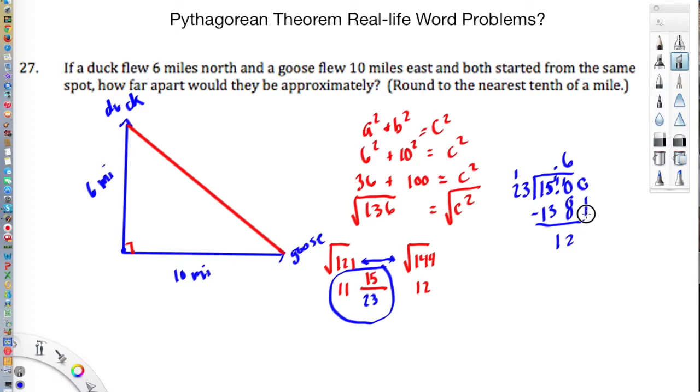Okay, bring another 0 down. 23 will go into 120 about 5 times, which will be 115. And I can stop right there because this 0.65 or 65 hundredths would round to approximately 0.7. So my final answer would be 11 and 7/10 miles.